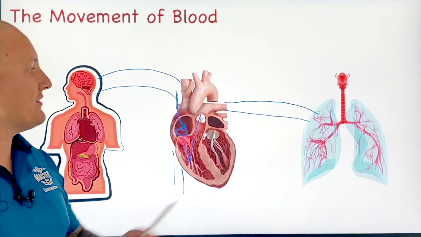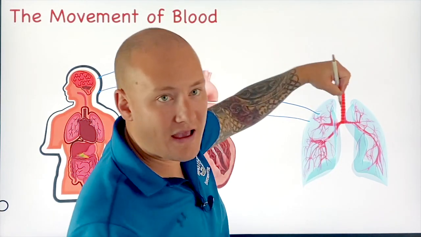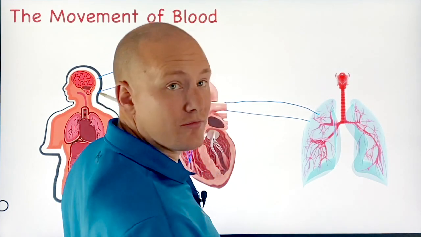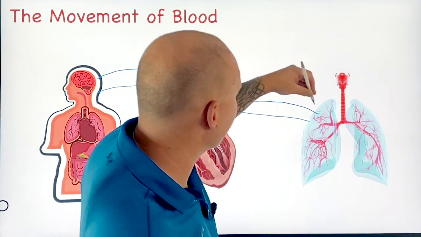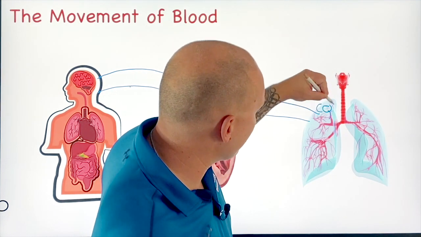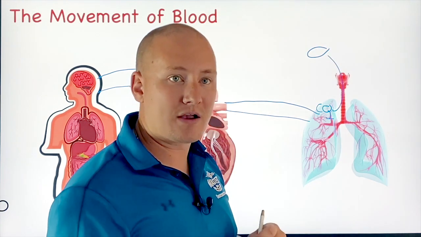But what happens at this particular point within the alveoli is that we're going to replace all that CO2 that comes from the perfusion of those cells. CO2, when it meets here on the deoxygenated side at the alveoli, is basically going to be ventilated out through exhalation.